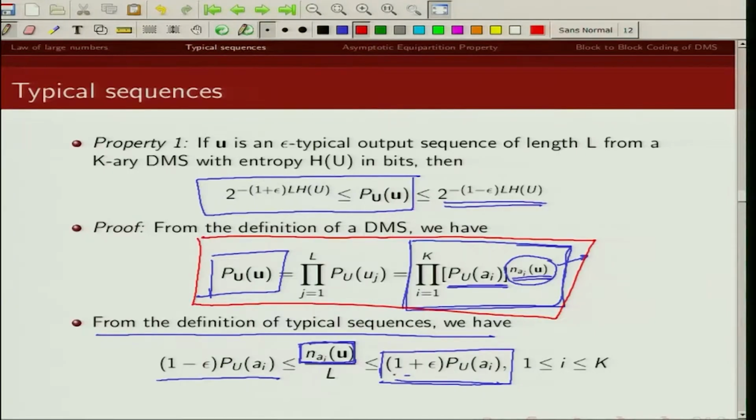Now instead of taking the upper bound on N_aiU, we are this time going to take a lower bound on N_ai. So if I am replacing this N_ai by a smaller term, then this whole thing would be greater than or equal to P of U_i. So I would get an upper bound on probability of occurrence of U.